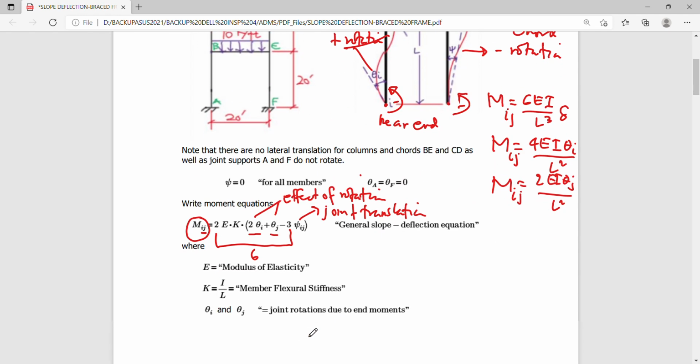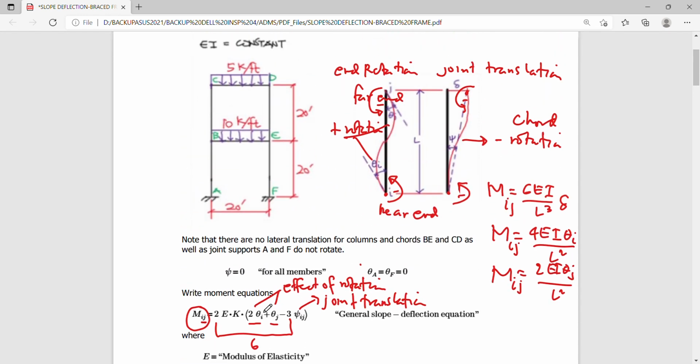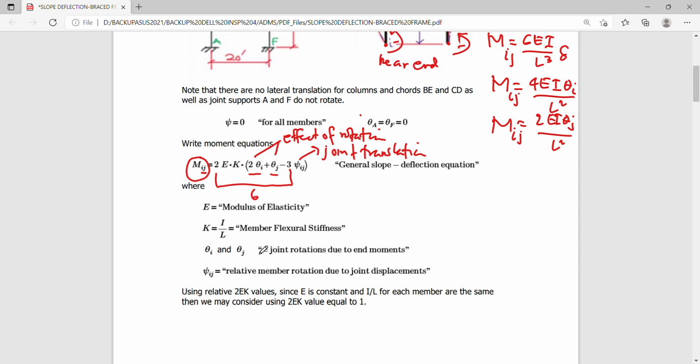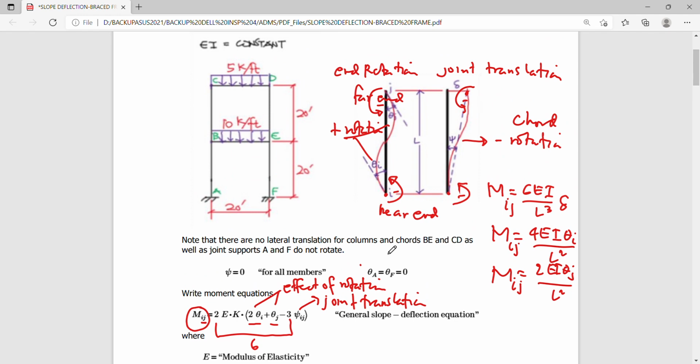So for simplicity, we can make use of relative stiffnesses, taking EI to be a constant equivalent to 1, rather than using absolute stiffnesses. So we can say that the members have the same relative stiffness, equivalent to 1, because EI is constant and the lengths are the same. So take note that there is no lateral translation because this is a braced frame.